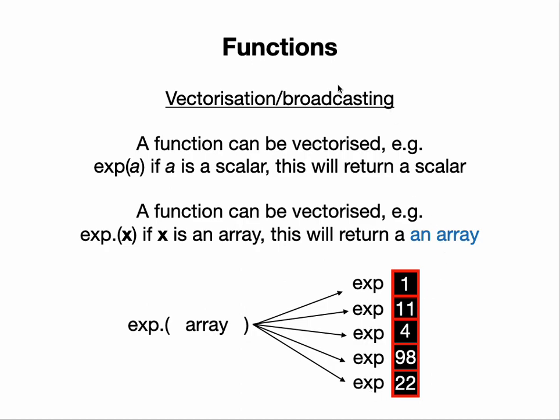You should remember, when you want to do an element-wise exponentiation of the entries of the vector, you need to put a dot here to state that this is a broadcasted operation. So this will work. If you have a dot here, it will return an array with each entry being the exponential of the initial vector.